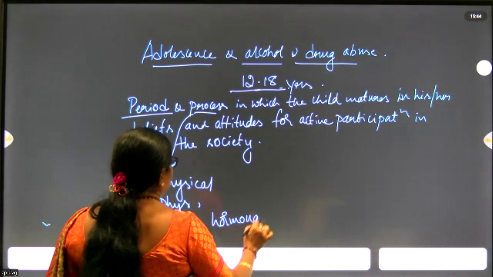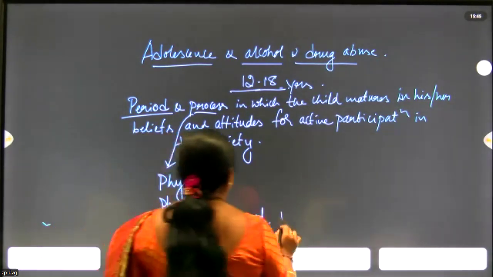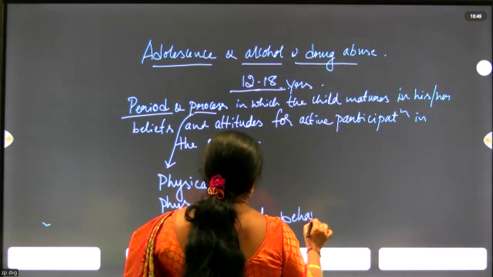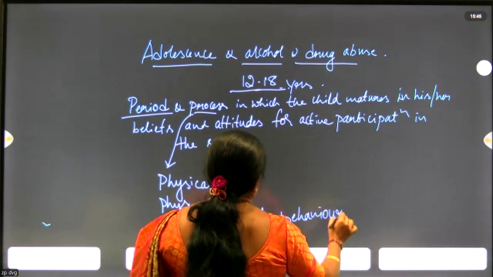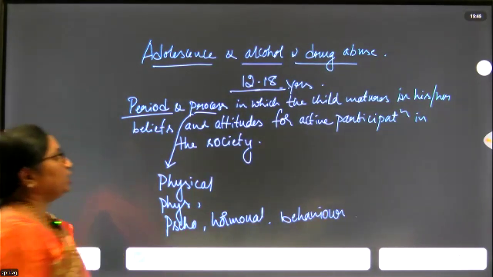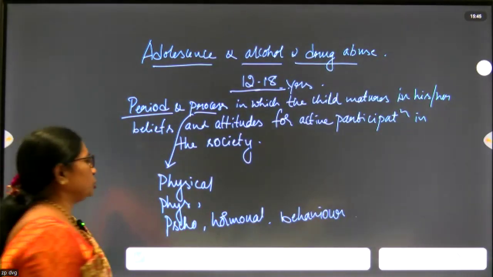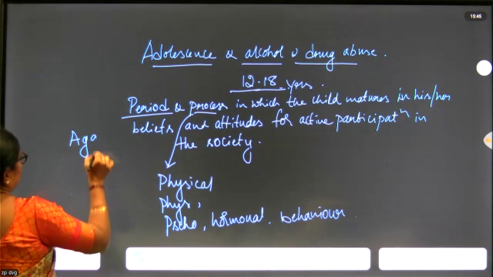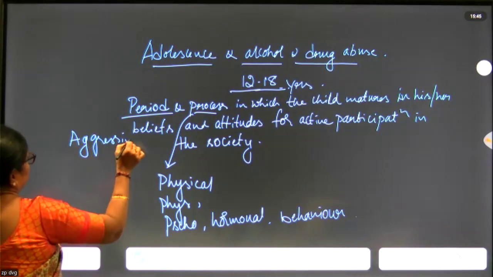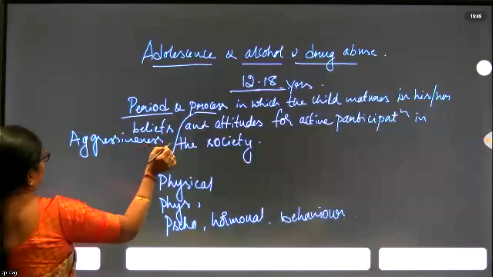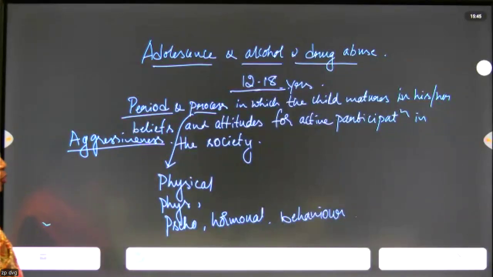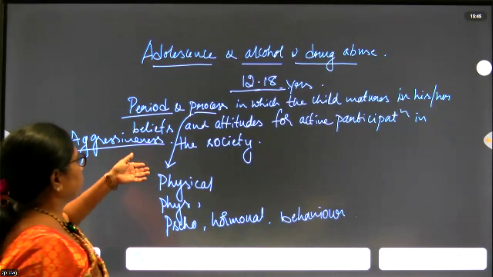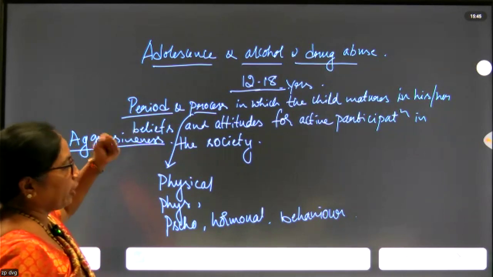Also behavioral changes. All these changes can be seen in adolescence. Some of the examples I would like to give, that is aggressiveness. This is one of the important characters exhibited during adolescence.